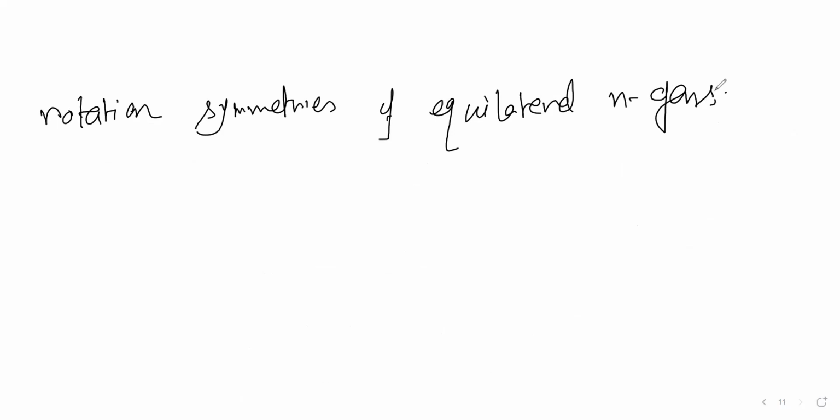Okay. Now, so we get an example or a family of examples where the groups are non-abelian, right?